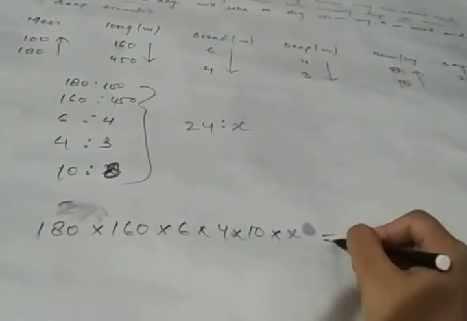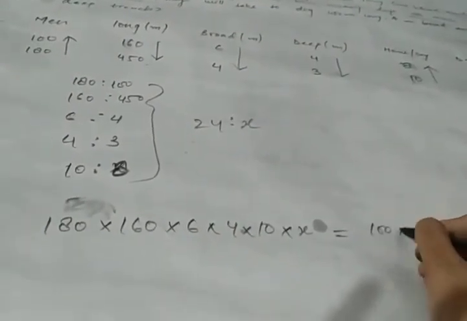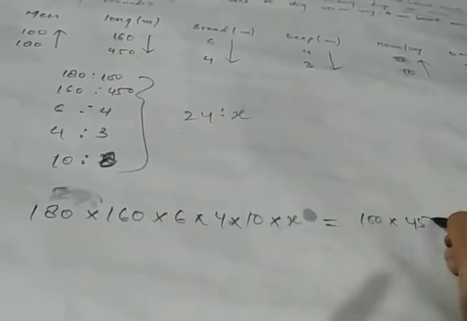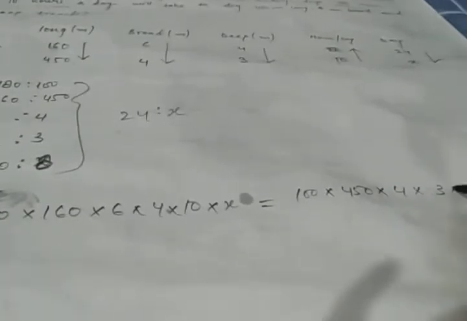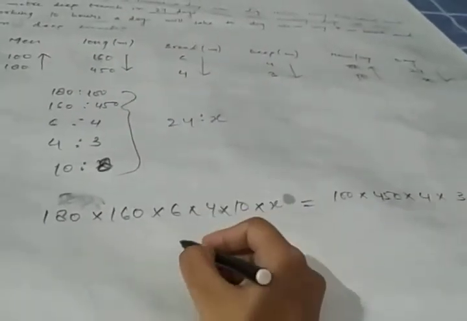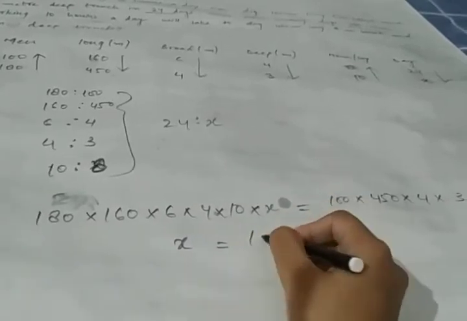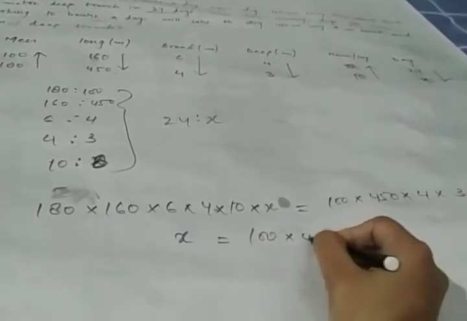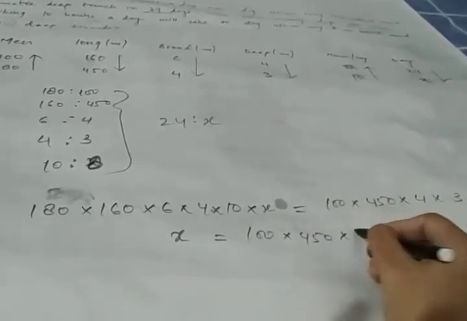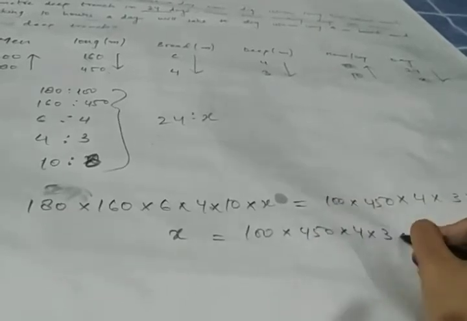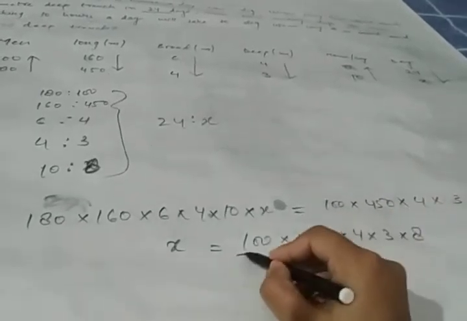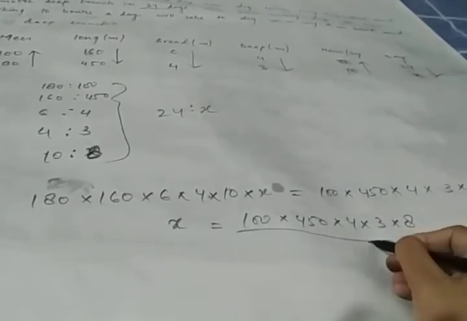On the other side, 100 into 450 into 6 into 3 into 8. We have to find out the value of x.